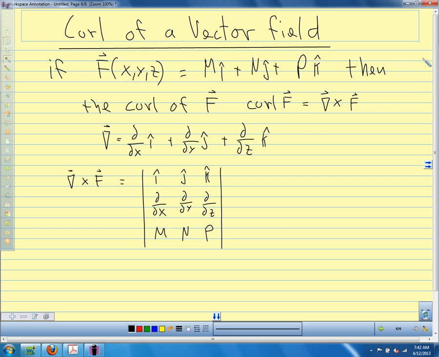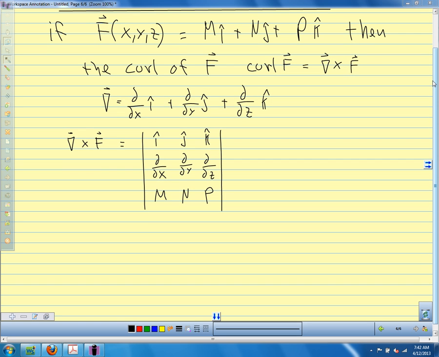If we write it out term by term, and you'll see it written out term by term sometimes, this equals the partial of p with respect to y. It's kind of a long thing, minus the partial of n, and it's just evaluating this.